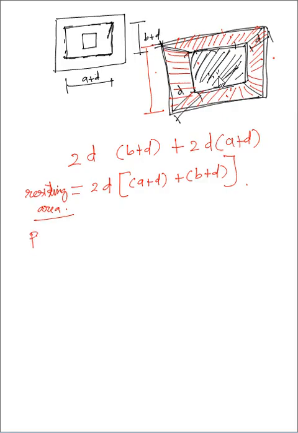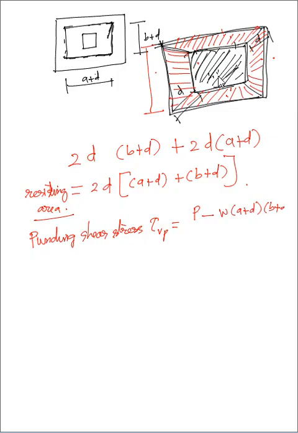Again I will write the formula. Punching shear stress, tau Vp, will be: what is the net punching force? We already found it: P minus W (a plus d) into (b plus d).